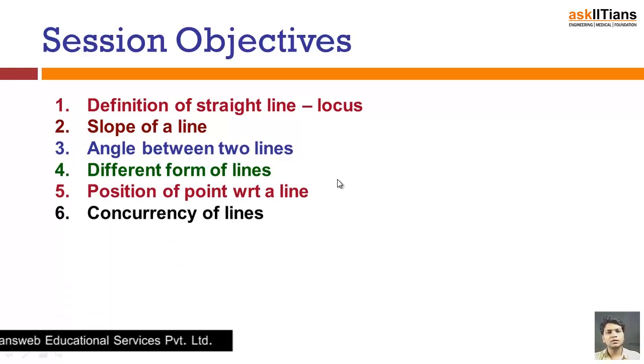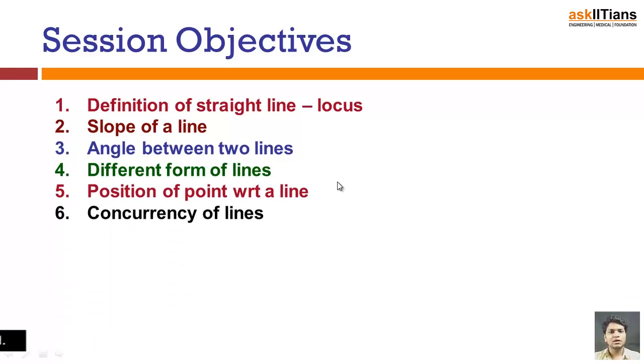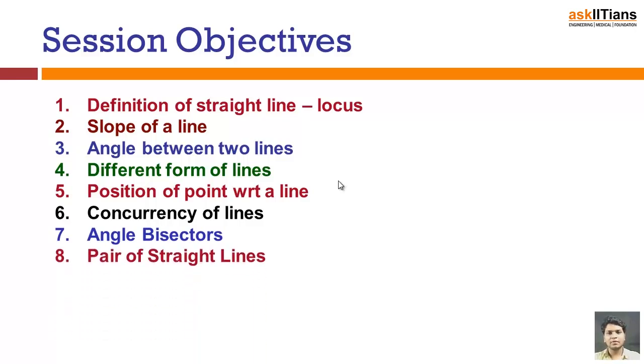The sixth one is the concurrency of lines, and the seventh one, which is very important, is angle bisectors. The eighth one will be the pair of straight lines, and we will sum up our chapter with homogenization.